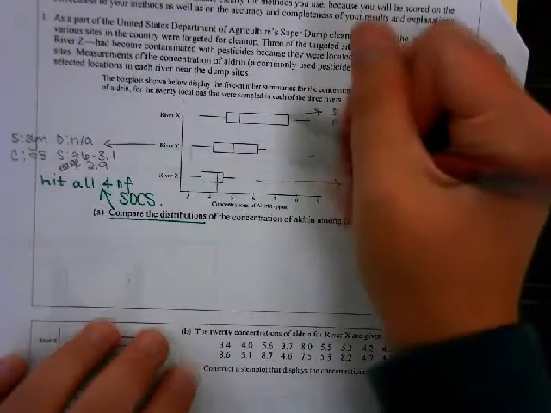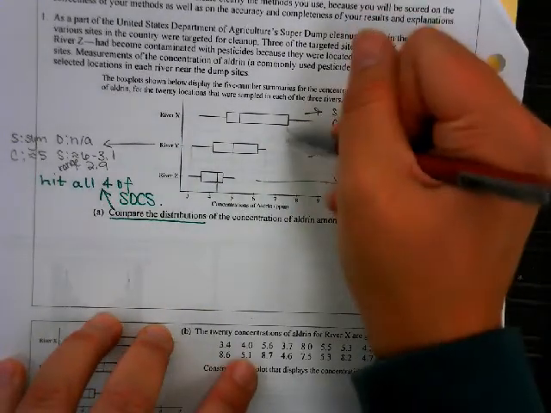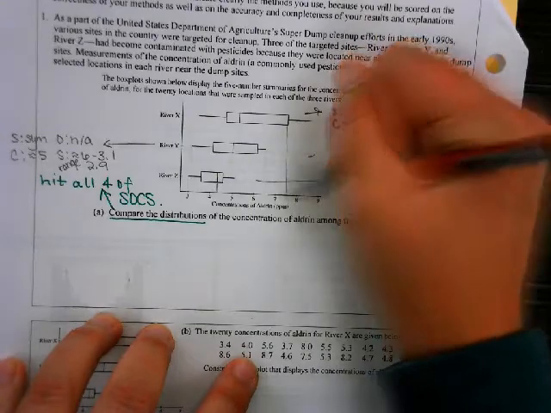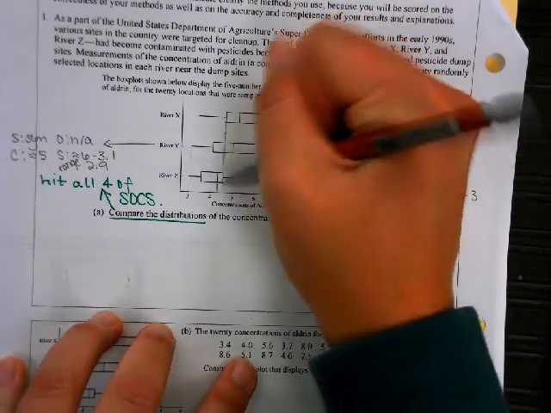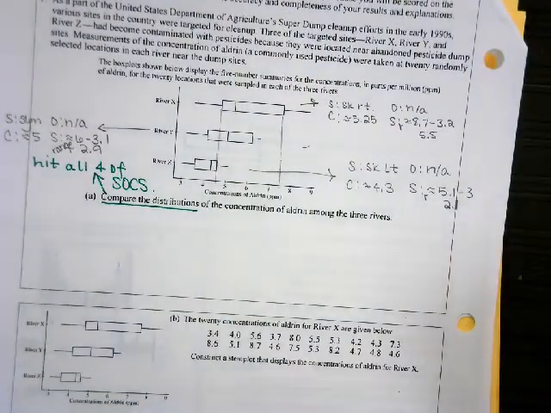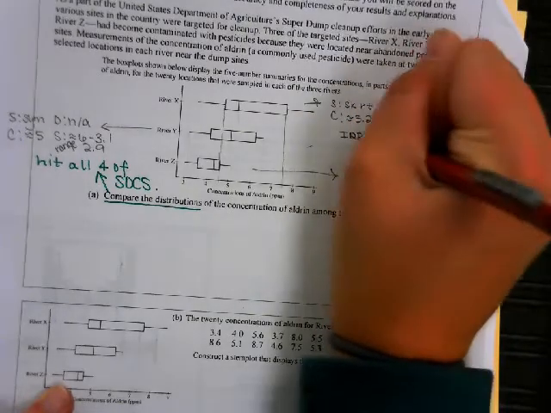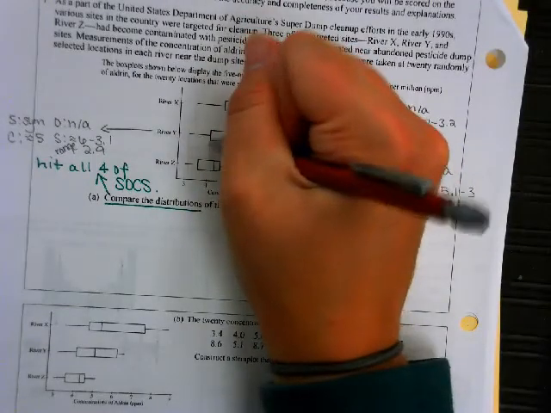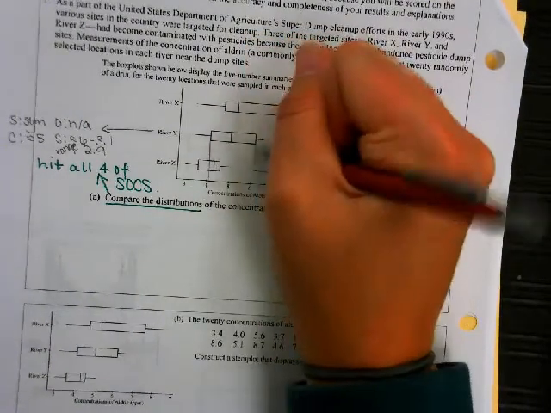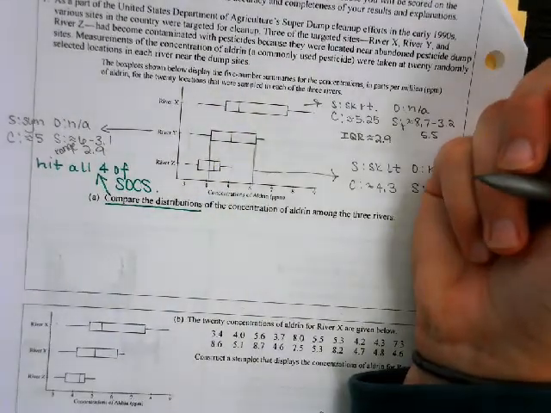So I'm just going to go back really quick and identify the IQR for each of these. So that looks like what? 7.5 minus 4.6. So that'd be what? 2.9 there. And then the IQR of Y would be about 6.1 minus 4.1, so 2.